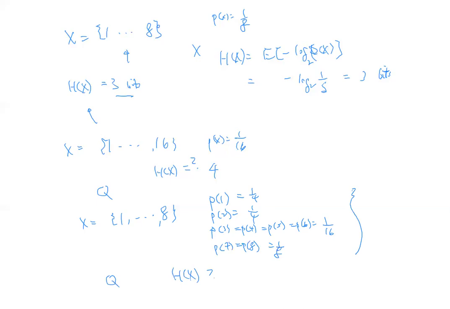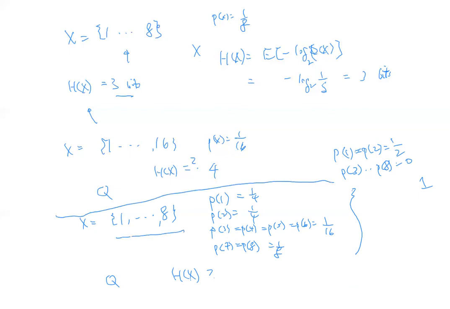One extreme case you can think of: remember the example last time, where p1 and p2 are equal to 1/2, but the remaining p3 up to p8 are equal to 0. Then how many bits do I need? I will just need 1 bit, right? This is the second question here, where the alphabet is from 1 to 8 but has a distribution like this.